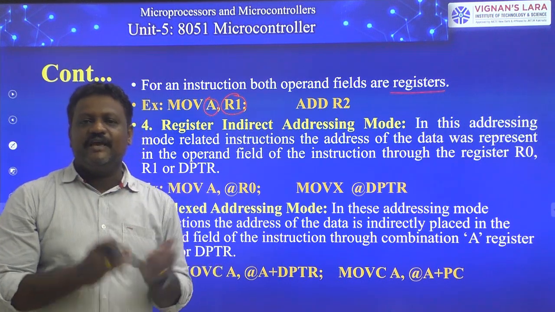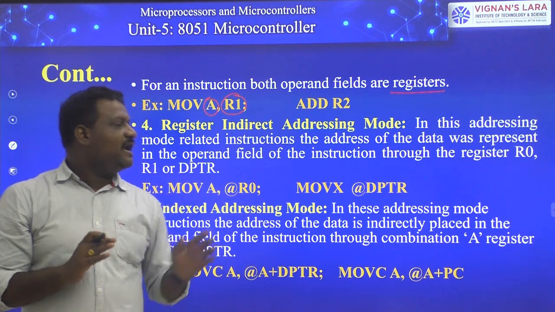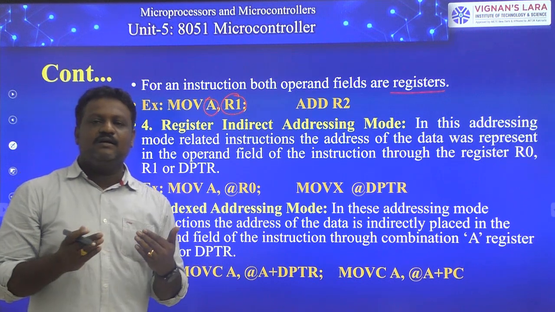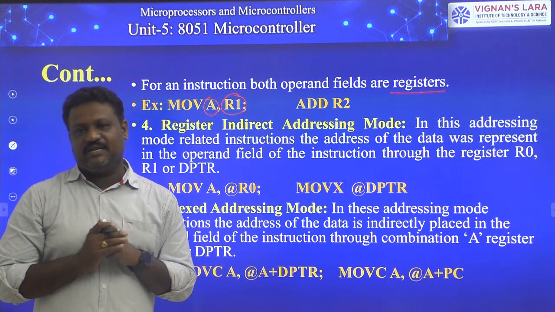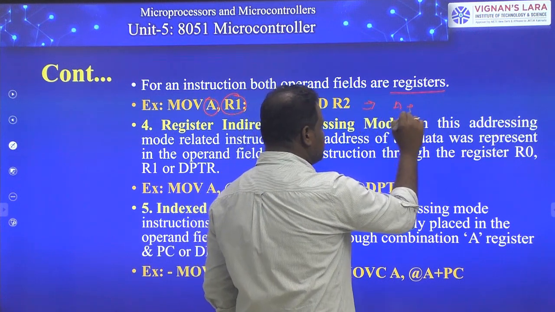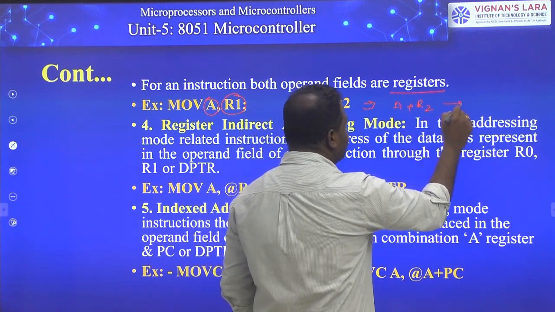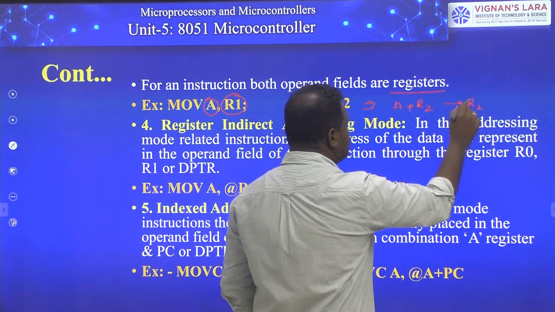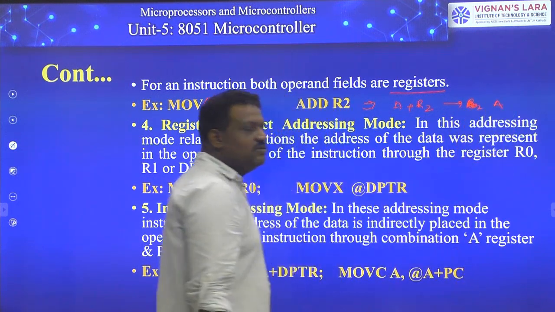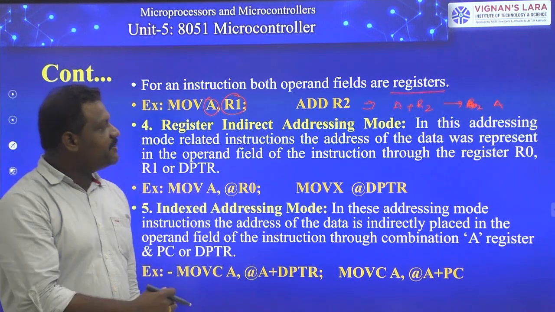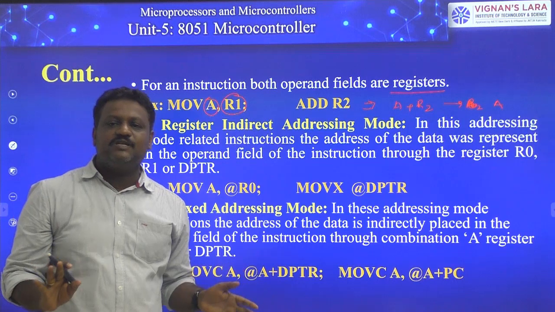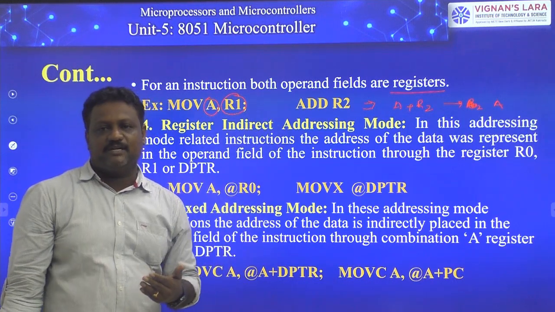Before addition, the accumulator provides one operand, and after addition, whatever result we get is again stored in the accumulator. The meaning of this is A plus R2, and the result goes to A. Here A is not represented explicitly, it is an implicit operand.